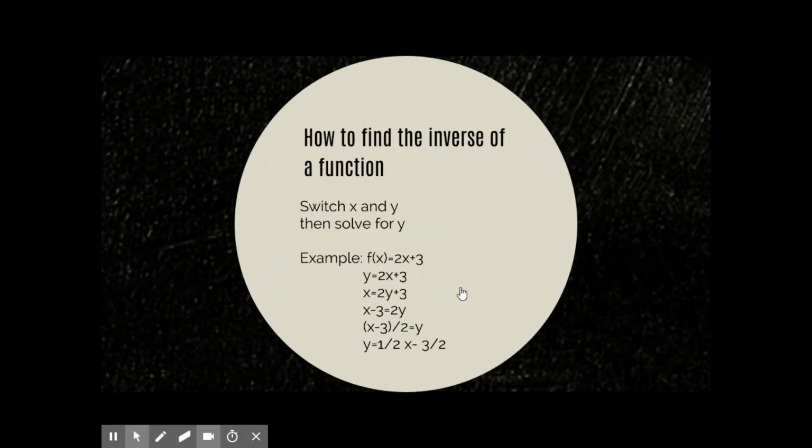Basically, you just switch x and y and then solve for y. So f of x, you just change to y. It means the same thing. And this is just an example. So you can take f of x equals 2x plus 3. So y equals 2x plus 3. And then you take where the y was and where the x was and just flip-flop them.